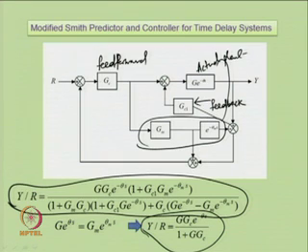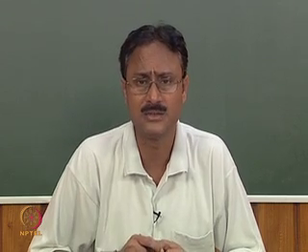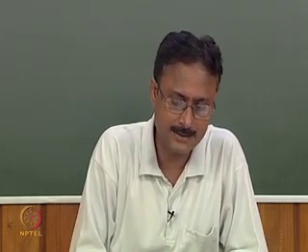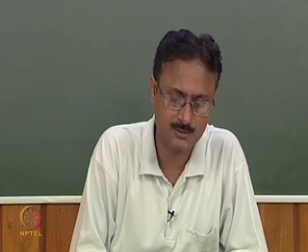But the benefit of introducing a controller in the feedback path is that it helps in reducing external disturbances, which is not the case with the earlier conventional Smith predictor control scheme.